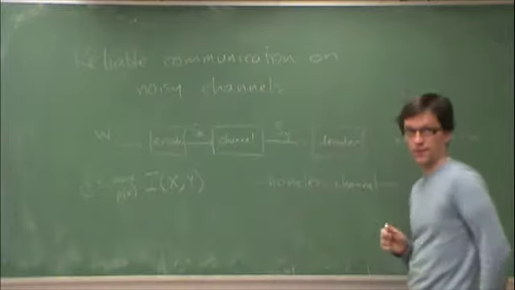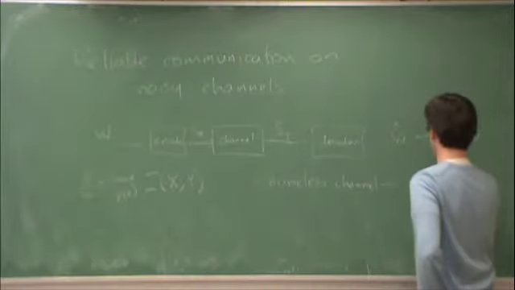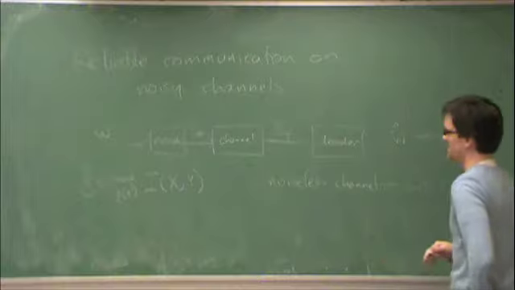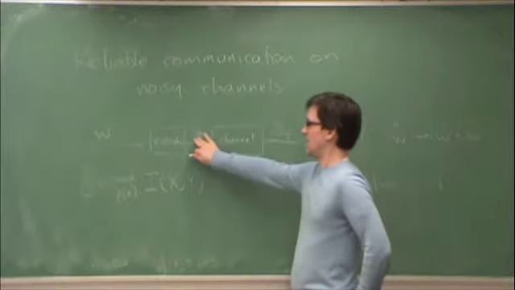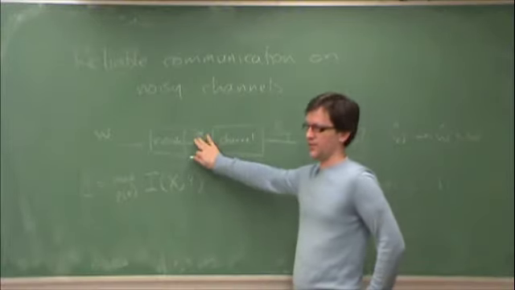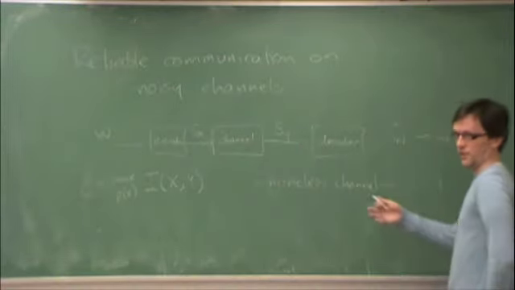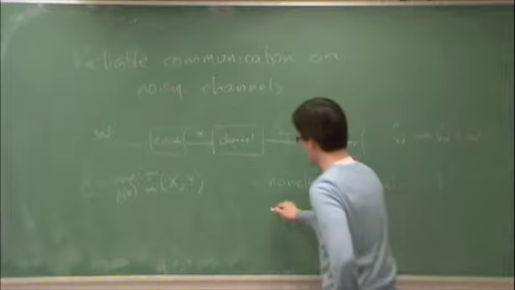That had capacity of 1, where SX and SY were both binary, so that makes sense. For each channel use, we have 1 bit at the input. At the output, we have 1 bit, so it makes sense that we could transmit 1 bit reliably.